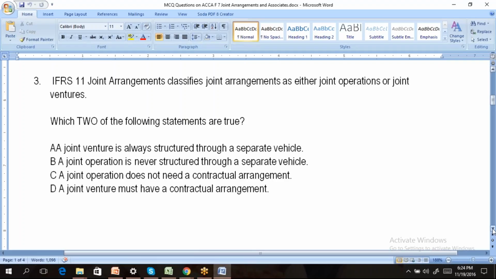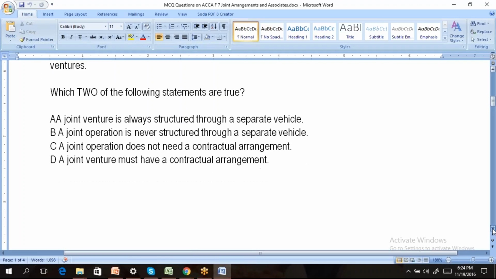D is right, because any joint arrangement must have a contractual arrangement. So A and D are the right answers. Excellent. These are the type of questions you might find in your F7 paper.